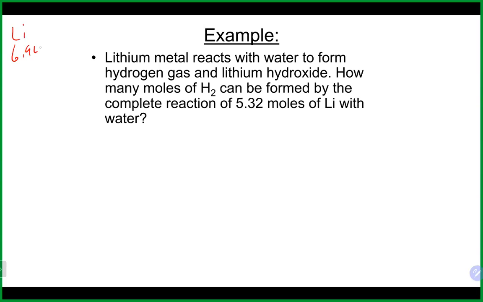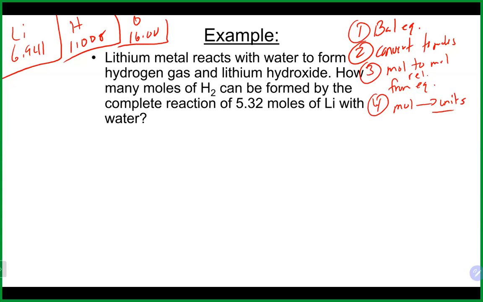Lithium 6.941 on the periodic table. Hydrogen 1.008. Oxygen 16. All right, let's start with the equation first, then we'll let you continue on with the stoichiometry part.